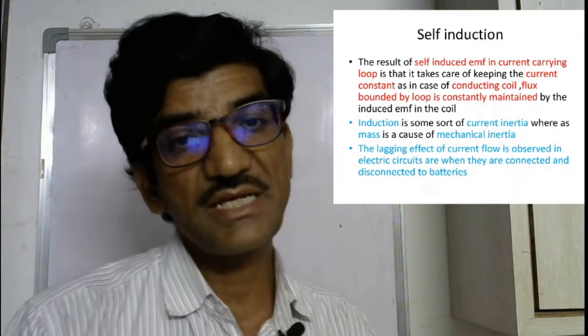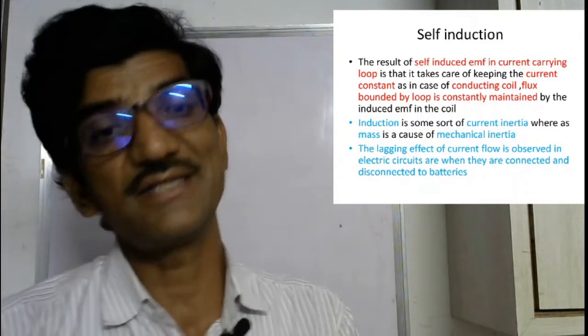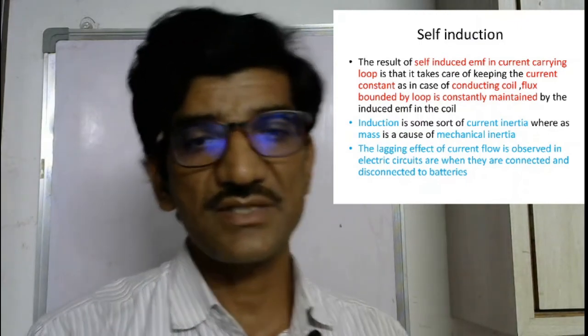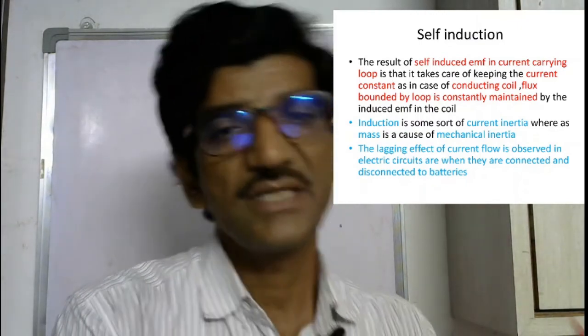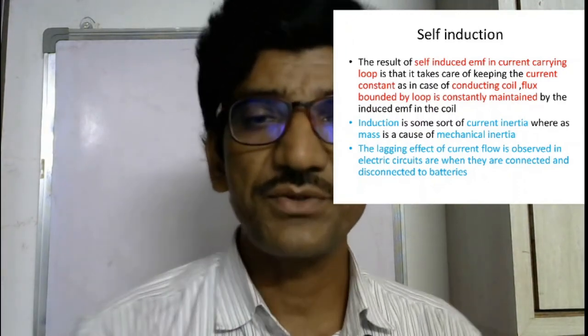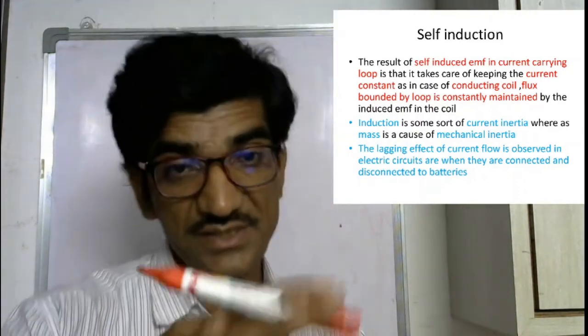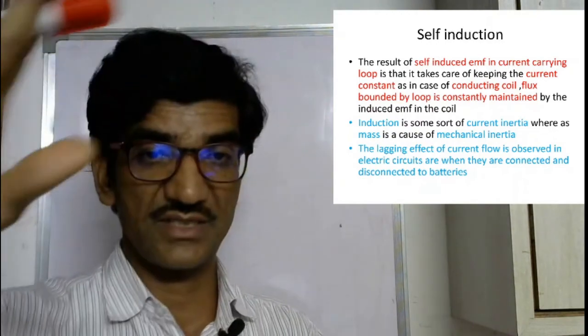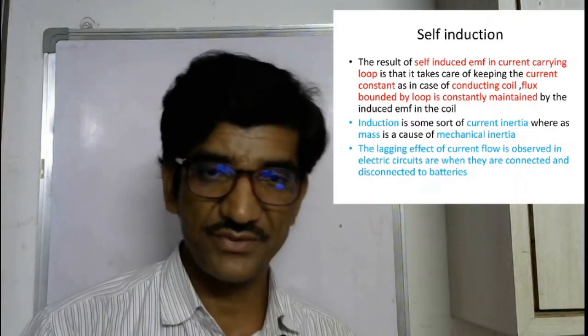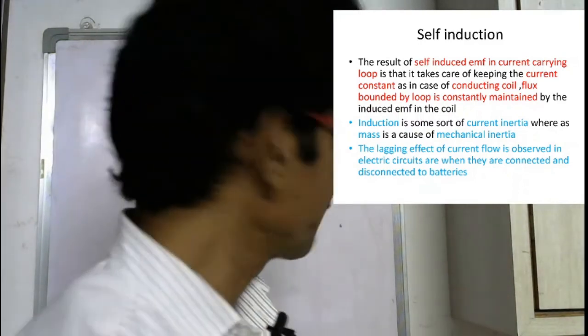The induced EMF compensates for that; it generates some current. That's why you find current for some time. Slowly, the current decreases in the circuit due to this self-induced EMF. This is compensating for that decrease or increase of the original EMF. That you have to note.